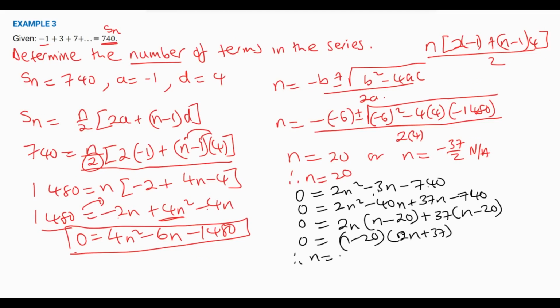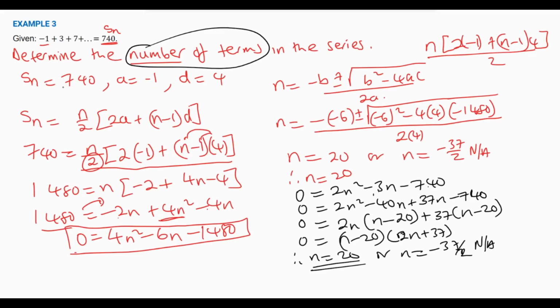Therefore n is equal to 20, or n is equal to negative 37 over 2. Then we discard this, we remain with n is equal to 20. When you're solving for n, you will get a quadratic equation, okay? And then you can use the quadratic formula, or you can use factorization to find your n.